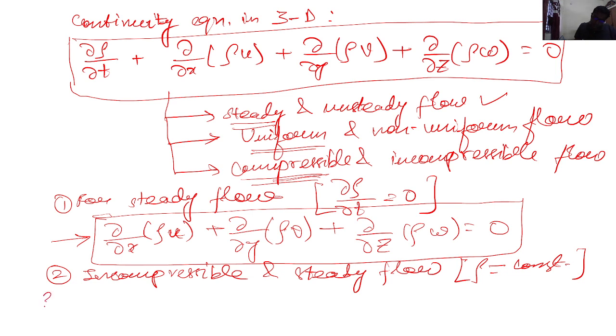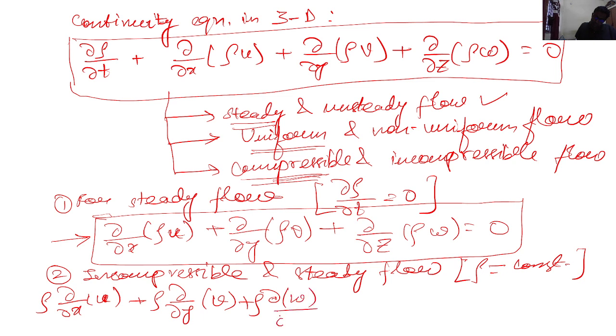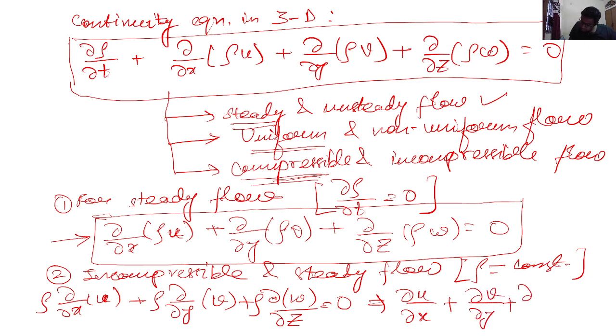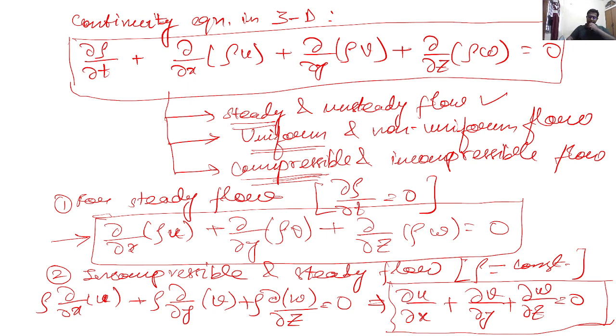It will become rho del by del x of u plus rho del by del y of v plus rho del by del z of w equal to 0, which would give us the very simplified expression del u by del x plus del v by del y plus del w by del z equal to 0. So these are the two conditions or cases we can take to simplify the continuity equation in three dimensions.